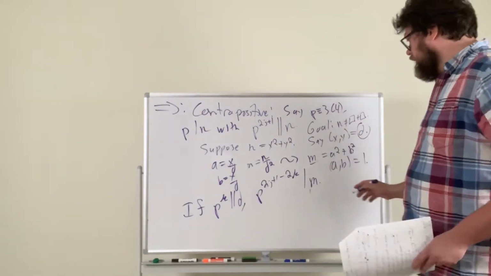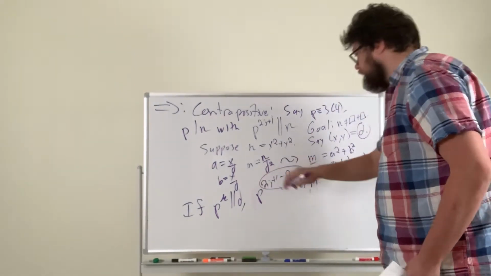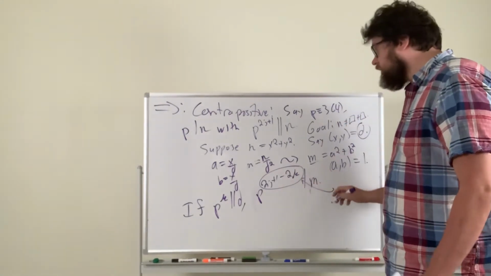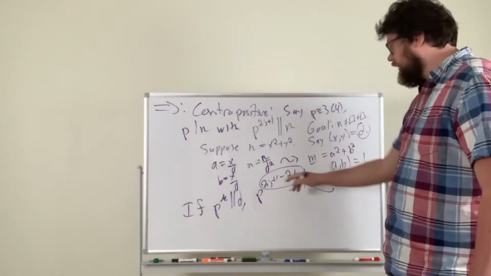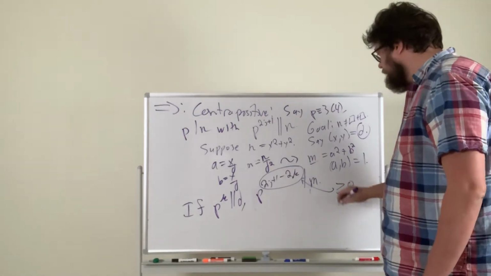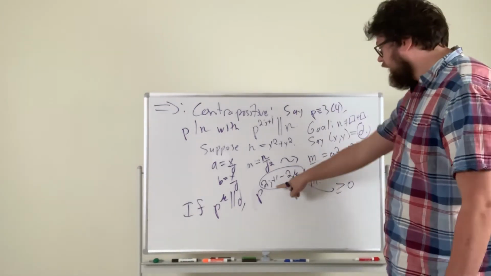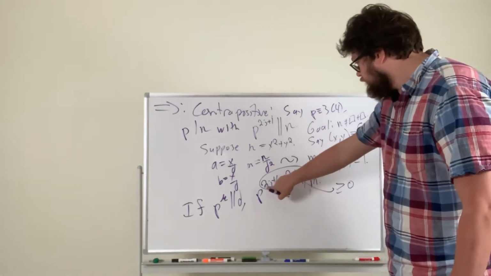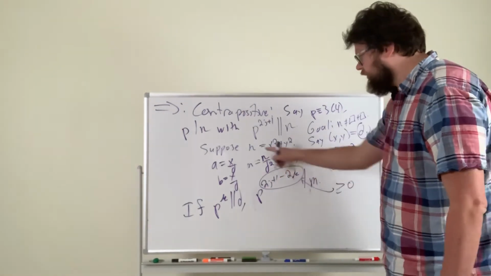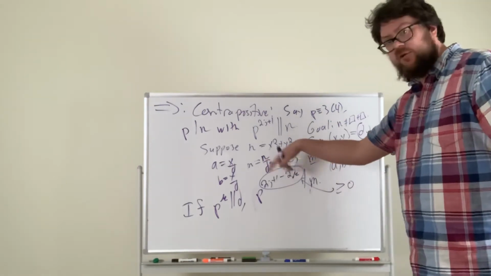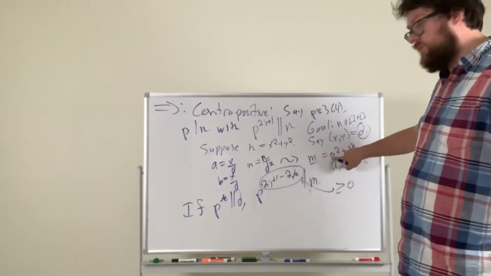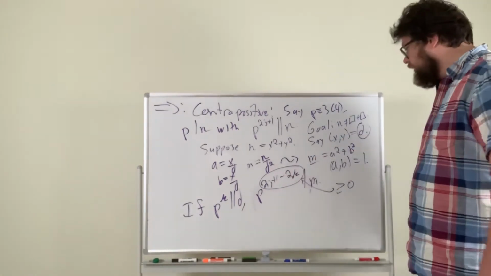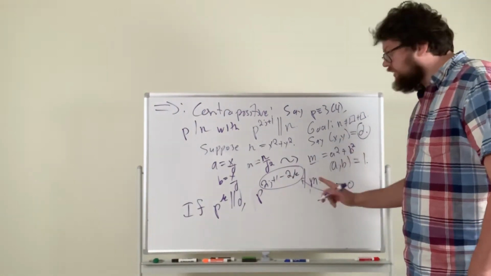All right, now I look at this exponent. Now we use a parity argument. I've just argued that this is greater than or equal to 0. When I divide out all these powers of p, I'm still left with an integer. M is still an integer because a and b are integers, and m is a squared plus b squared. So this exponent of p is greater than or equal to 0. But it's also an odd number.